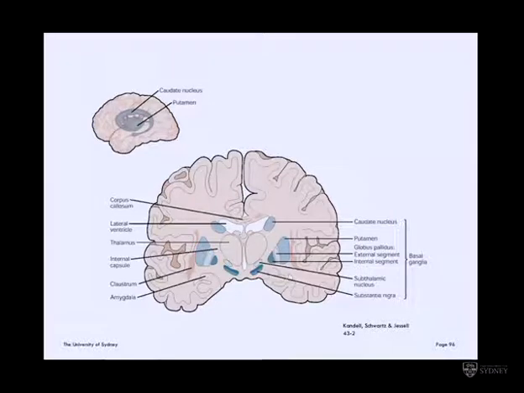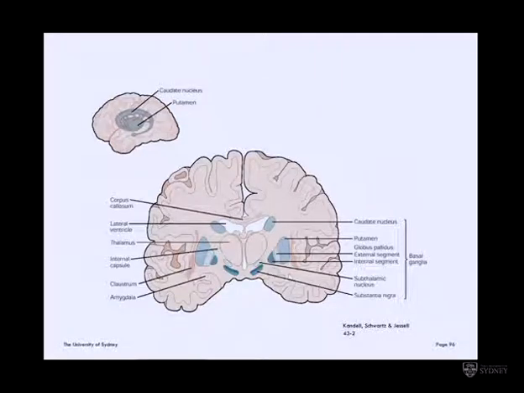Right? Internal capsule. If you can pick where not to have a stroke, pick the internal capsule. Why? Because I just told you that all the fibers, all the axons from the cortex going down to the spinal cord travel through the internal capsule. So those are your motor fibers, right?